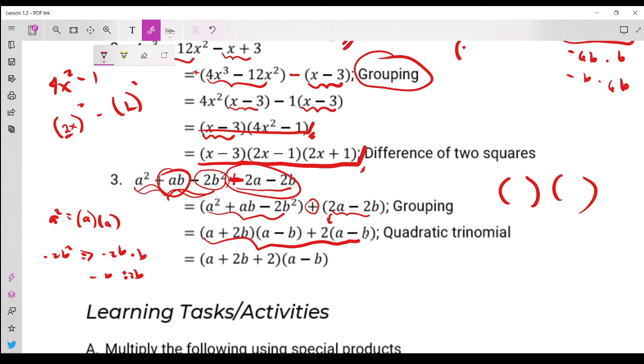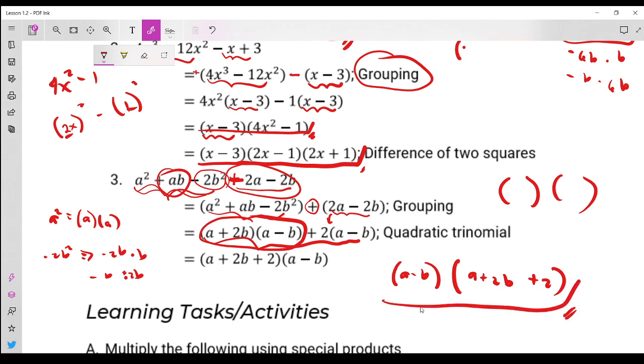So we have a common factor, which is a minus b. Extracting out this a minus b, what's left for the first term is a plus 2b, and for the second term, what's left is positive 2. So this will be our final answer.